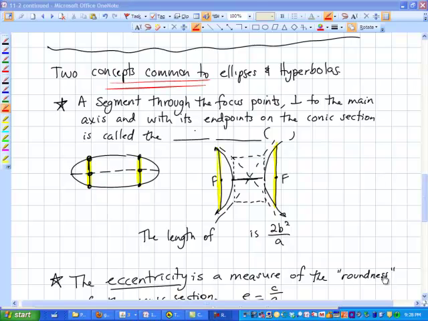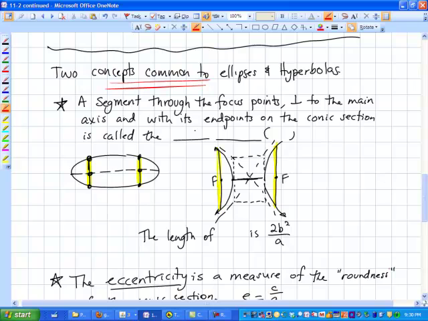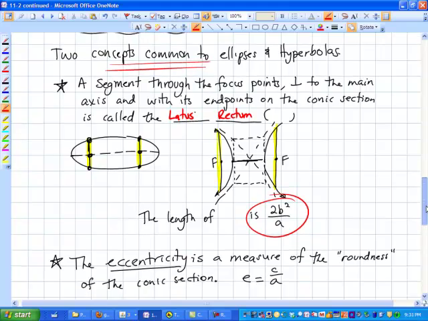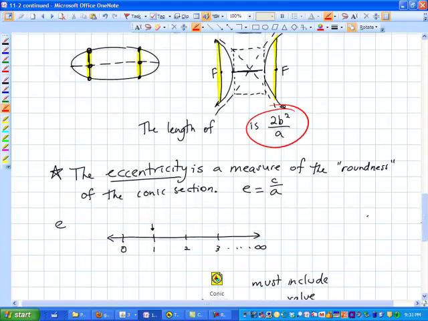ellipses and hyperbolas. Okay, as I mentioned already, the concept of the latus rectum is something that's common to both the ellipse and the hyperbola, and they both have this exact same formula. Since we've talked about that already, I'm not going to belabor that point, but I do need to talk to you about the eccentricity, which in math terms is a measure of the roundness of the conic section.